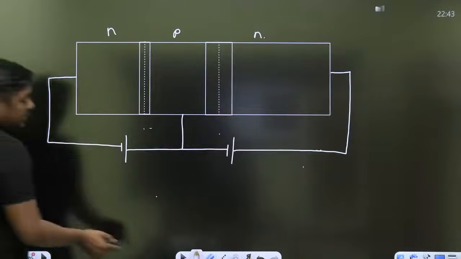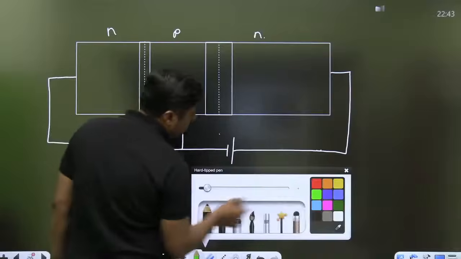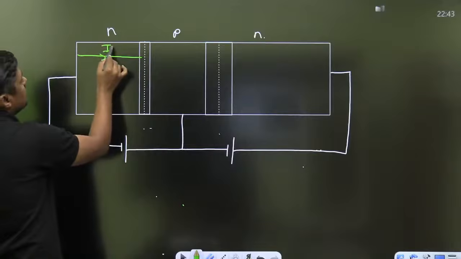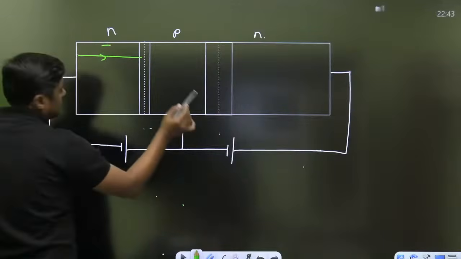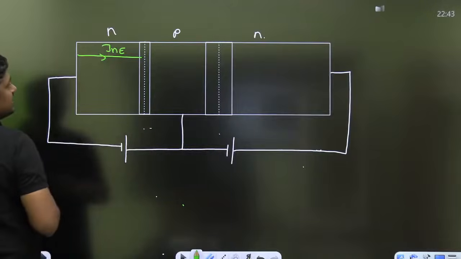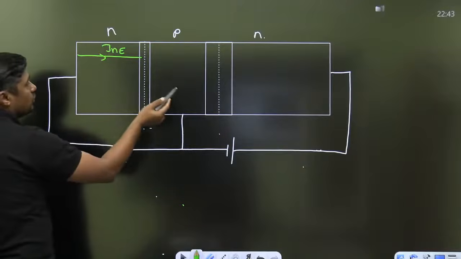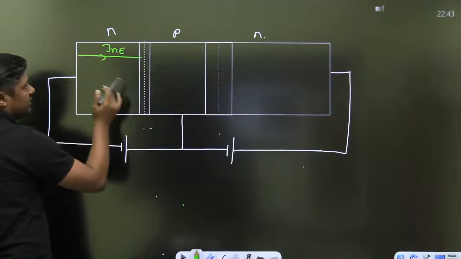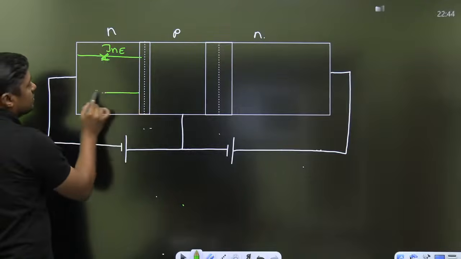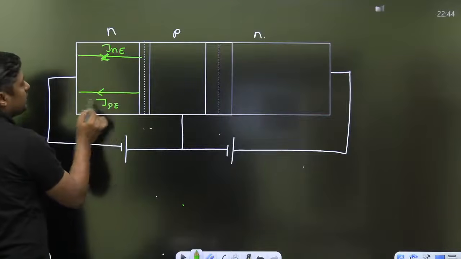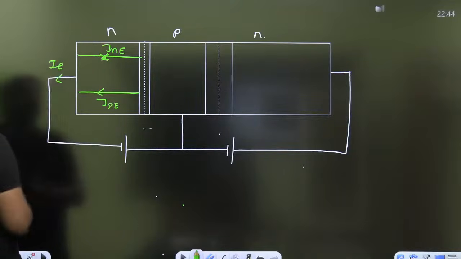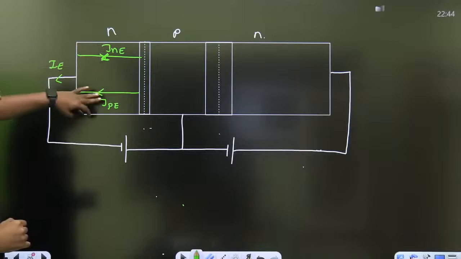When we forward bias it, a large number of electrons move from this point to this point. That is called diffusion, and they constitute the emitter current density JNE. At the same time, a large number of holes move from the P side, the base side, to the N side, in the opposite direction, and they constitute JPE. Finally this is the emitter current I. To find the density, it should be divided by A. That is because of electrons and that is because of holes.